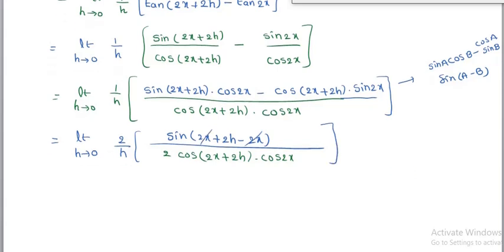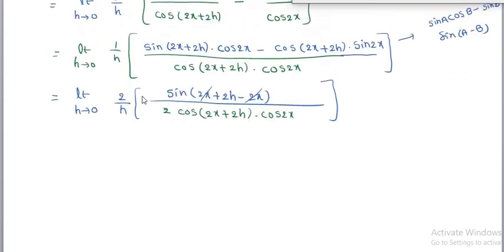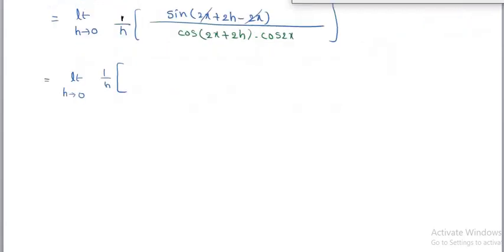Next line. Sin 2h by cos (2x plus 2h) cos 2x. So limit h tends to 0.